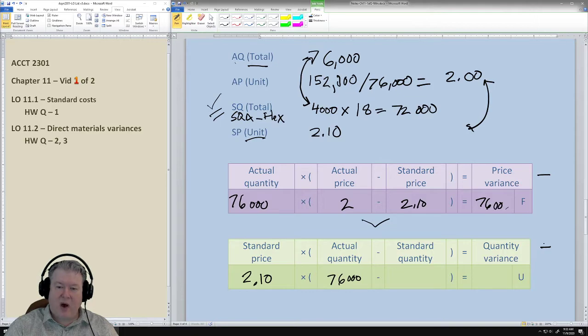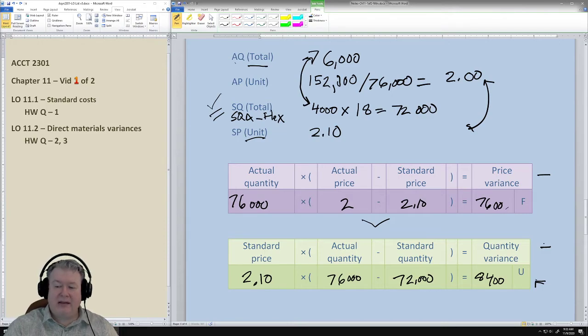The standard quantity is 72,000. So even before we calculate this, the actual quantity used was more than the budget. What we actually ended up using was more than what we had planned for. So no matter what the number is, this is going to be unfavorable. And the actual number is 8,400.